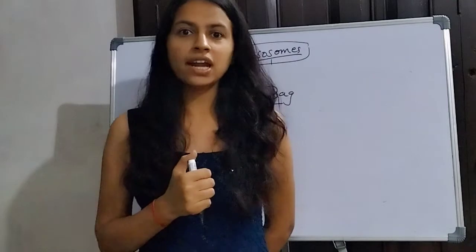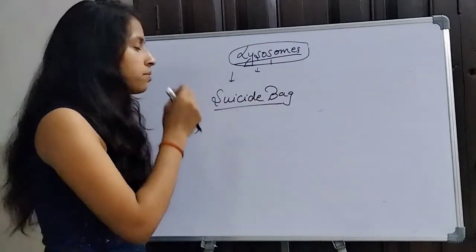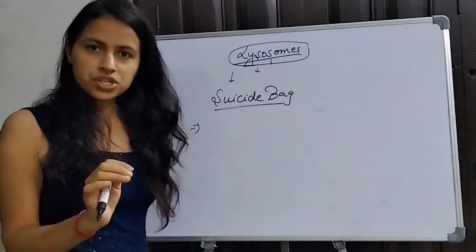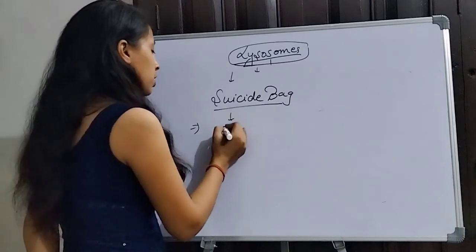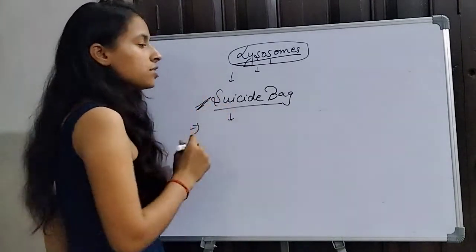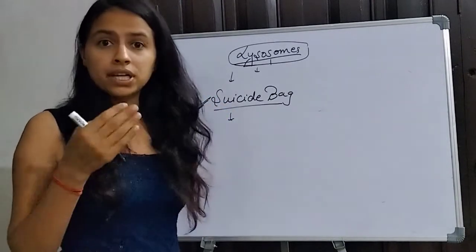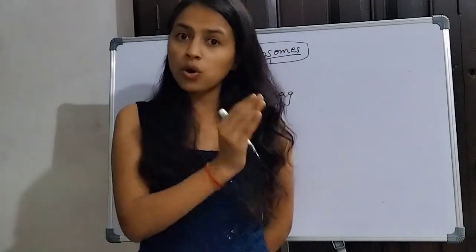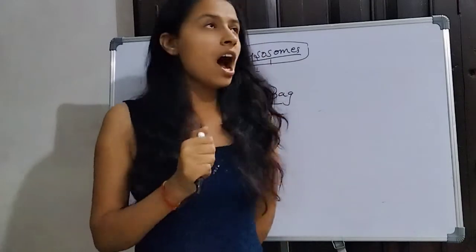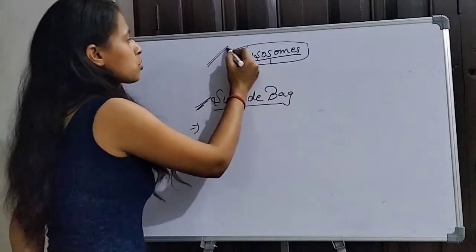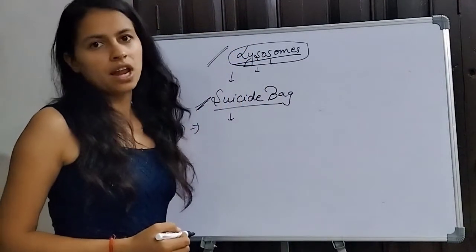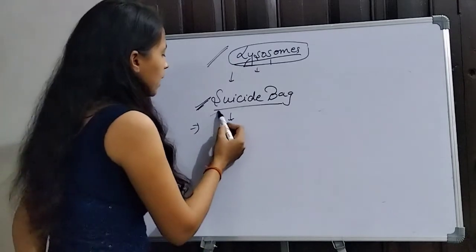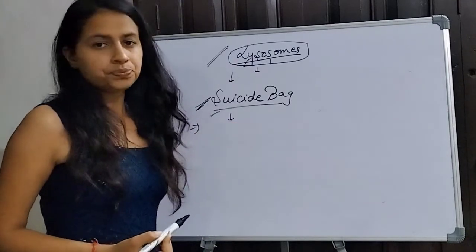As we all know, these hydrolytic enzymes help in digestion. So material or any other substances which are not useful for the cell are digested or removed by lysosomes. So we call it a suicidal bag.